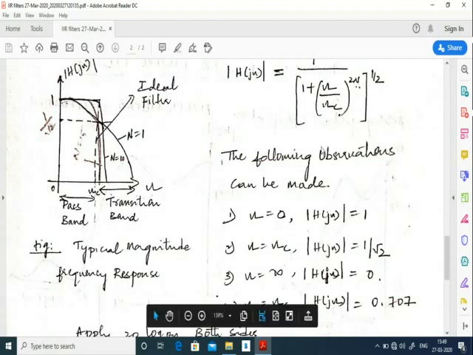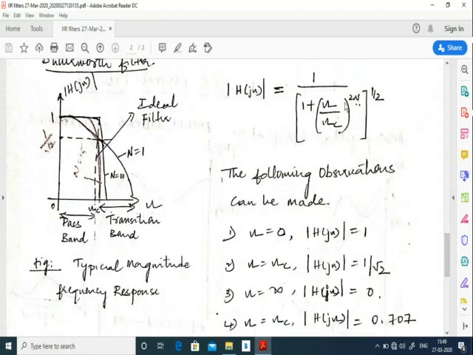If I substitute omega equal to 0, I get 1 by (1 plus 0 by omega c, whole power 2n, which is 0), whole power 1 by 2. That is 1 by 1. In other words, magnitude of H of j omega when omega is equal to 0 is equal to 1.